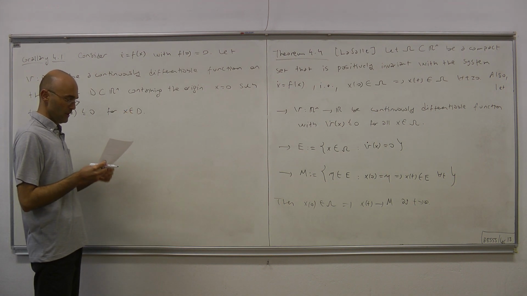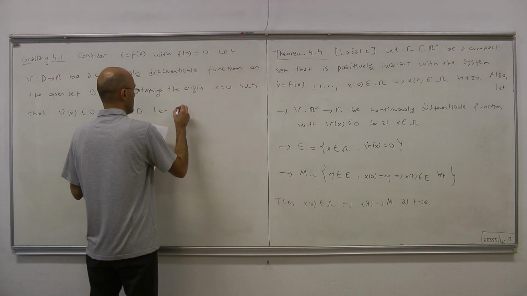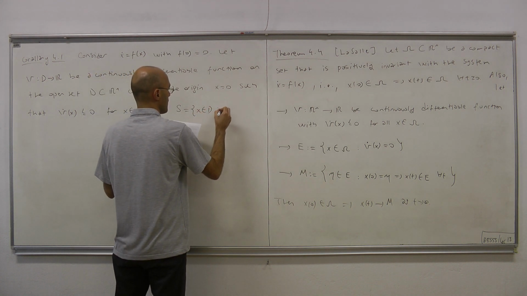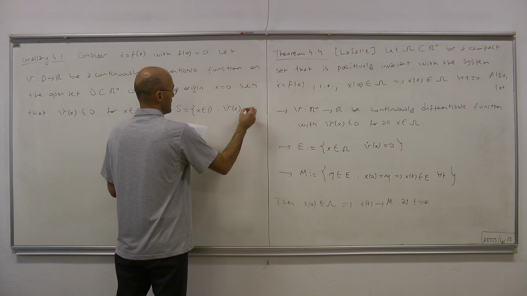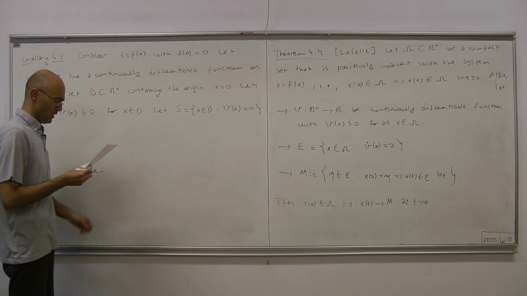Then let S be the set of all points for which V dot of x equals 0.